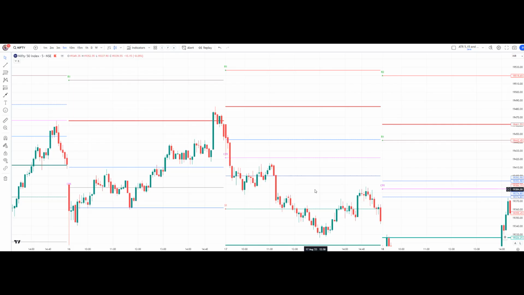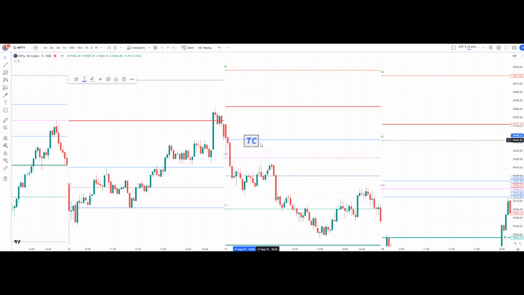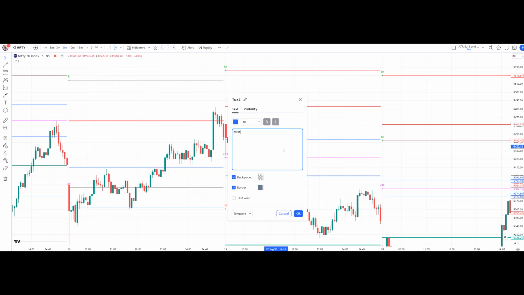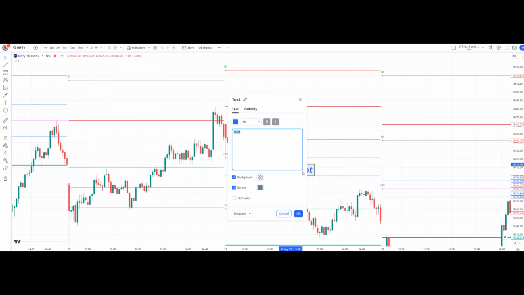So this is the Nifty 5 minutes time frame chart. This is the CPR. Here the upper blue line is the TC, that is the top central level. The next is the pivot, that is P, the pivot point. The next, the lower blue line, is BC, that is the bottom central level.